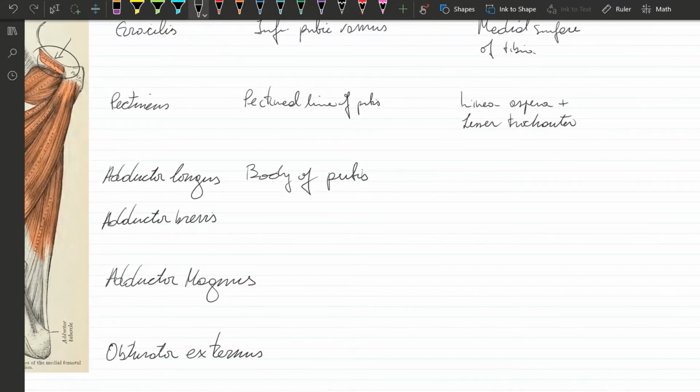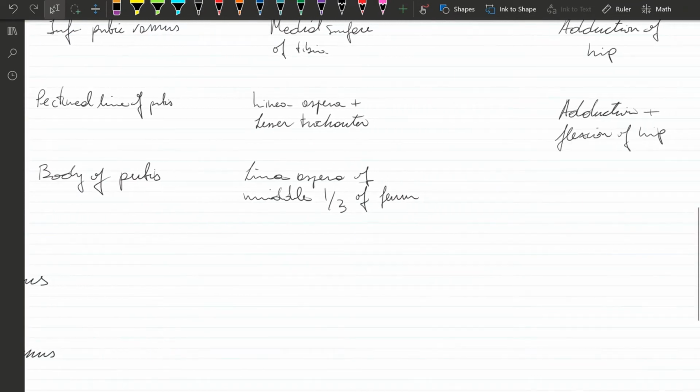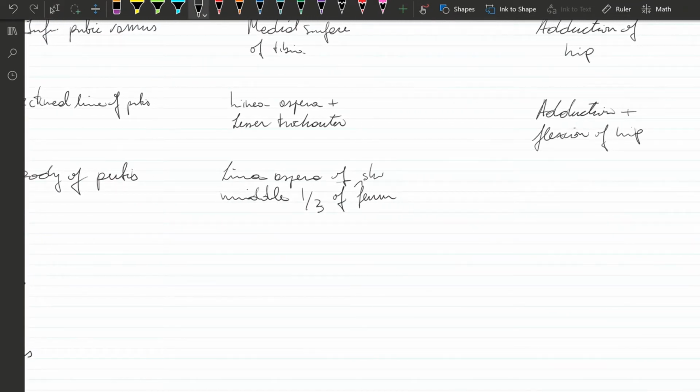Its insertion is going to be at the linea aspera of the middle third of the femur, or the shaft of the femur. I'm going to put here, shaft.